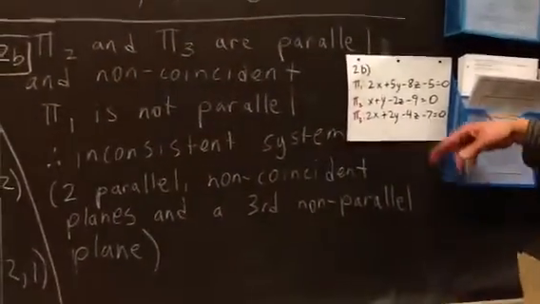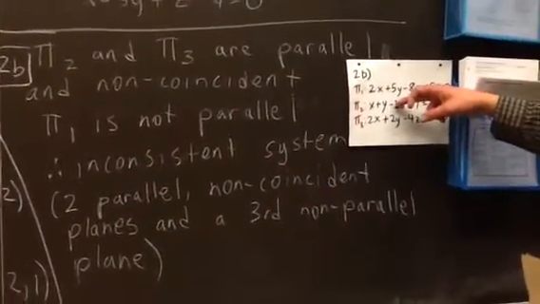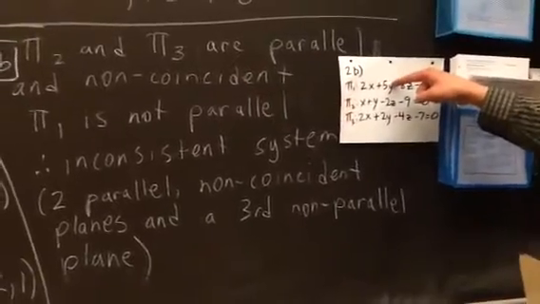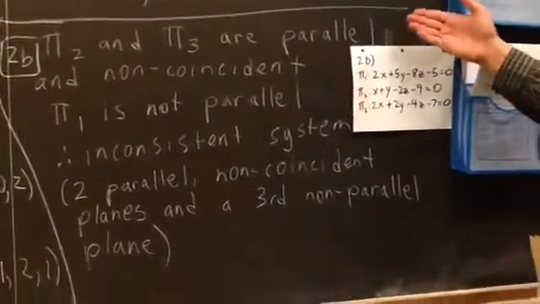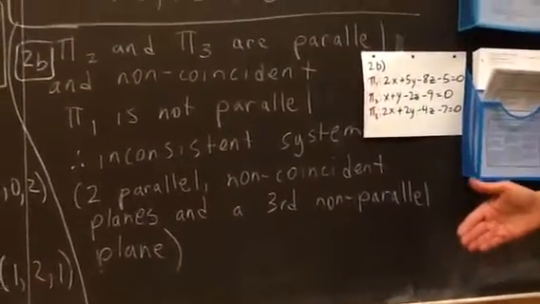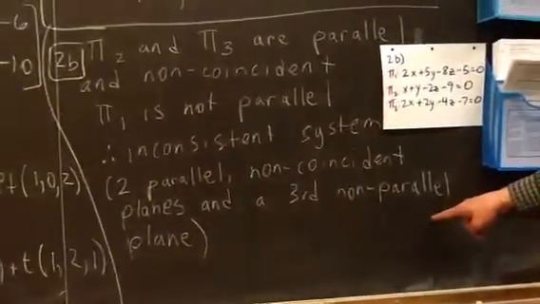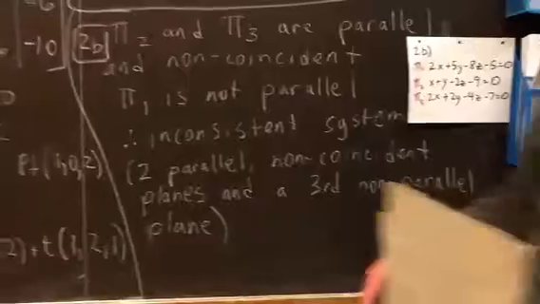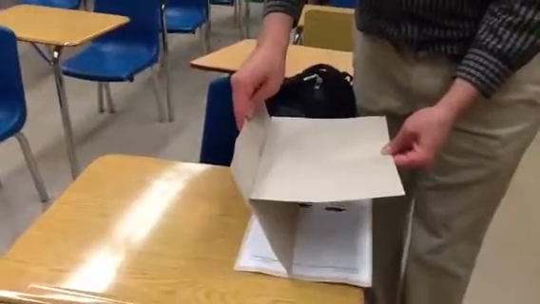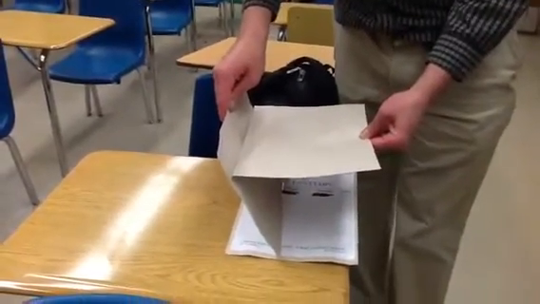So therefore, they're parallel and non-coincident. We've got a non-parallel plane that's going to cut through both of them and create an inconsistent system with 2 parallel non-coincident planes and a third non-parallel plane. Just to show you what that would look like, it would look like this. 2 parallel non-coincident planes and a third plane cutting both. There's no point common to all of them, inconsistent system.